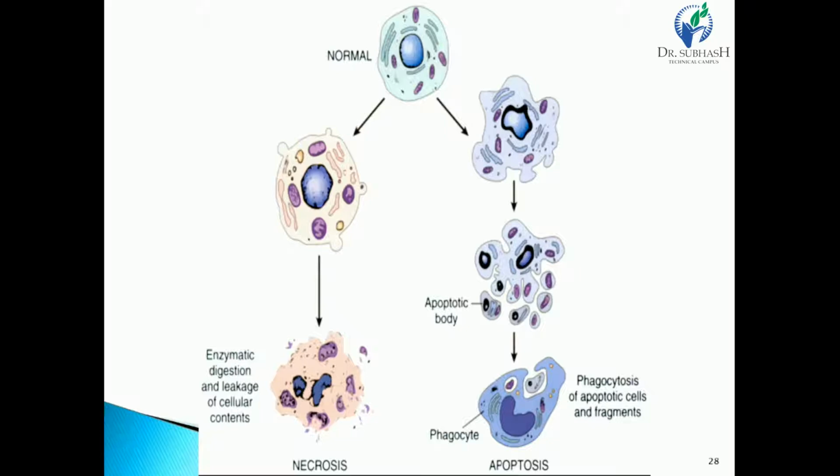And at last, in apoptosis, the phagocyte will be there, which carries out phagocytosis. That is the further process that follows. So we can mention this difference, or the comparison with this diagram, from the exam point of view.